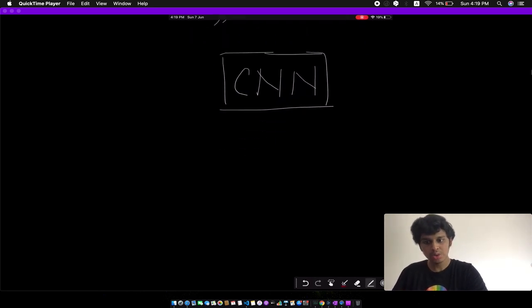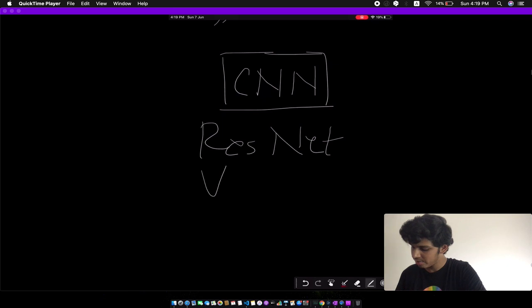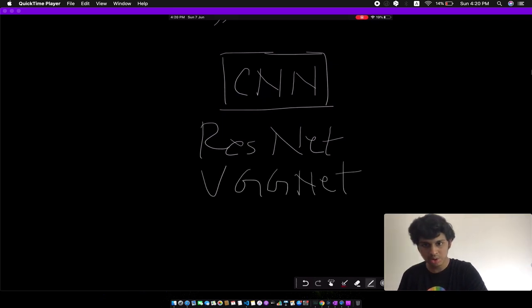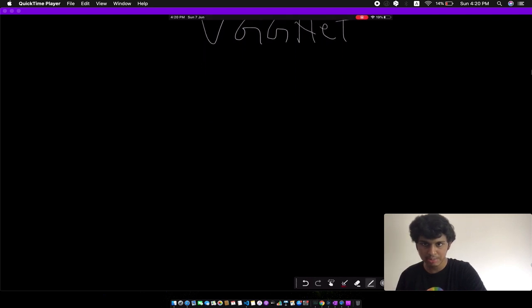So over the last few years, researchers have been coming up with bigger and bigger CNNs with more layers and higher resolution to continuously push the state of the art on the ImageNet benchmark. Like, for example, we had ResNet, we had VGGNet before that, etc. Right? We have a lot of new CNN based networks that are trying to push the state of the art.